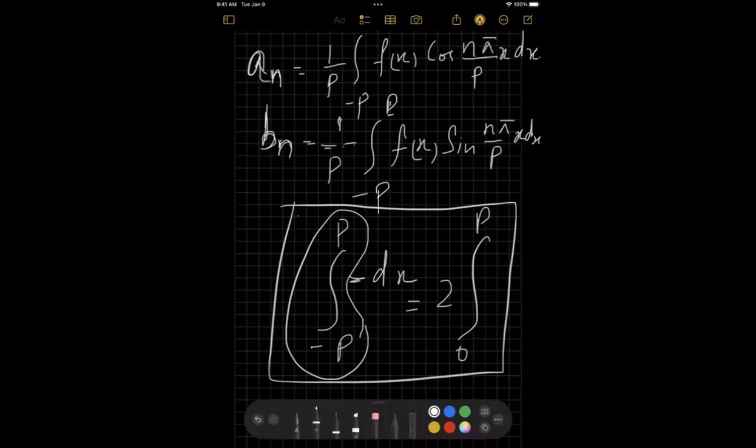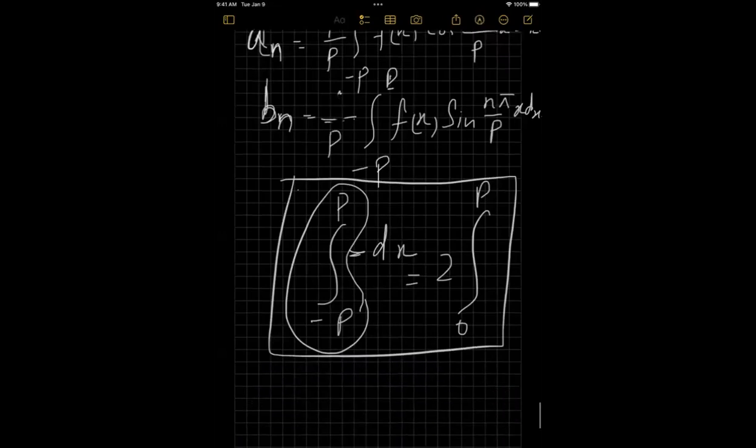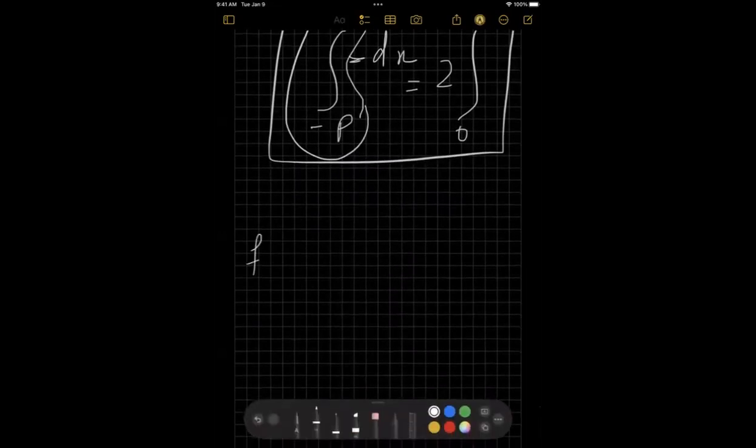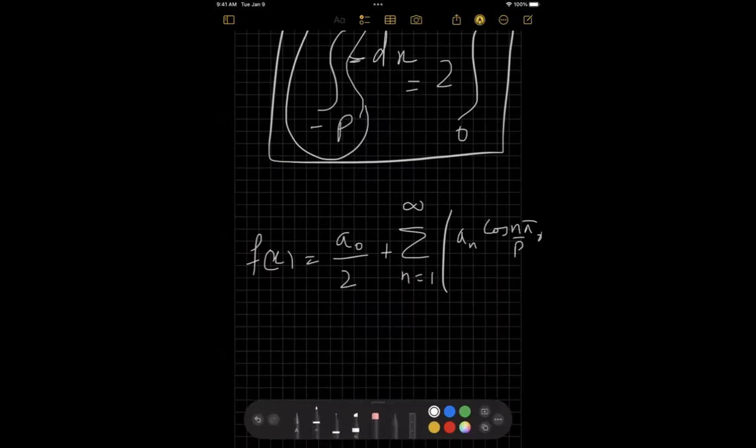If it's e to the power of x, when we write the Fourier series, we have both parts in it. Fine. So our Fourier series is in fact a naught over 2 plus summation n equals 1 to infinity of an cos of n pi over p x plus bn sine of n pi over p x.